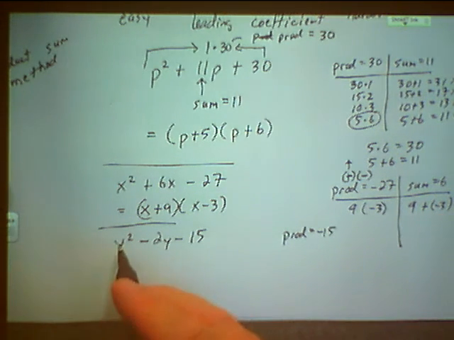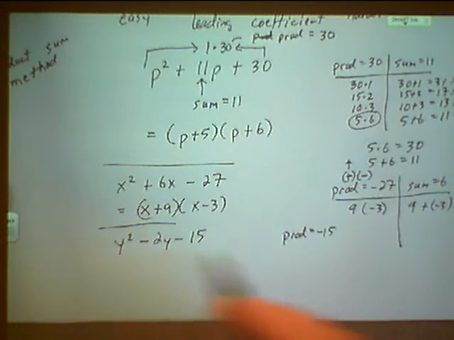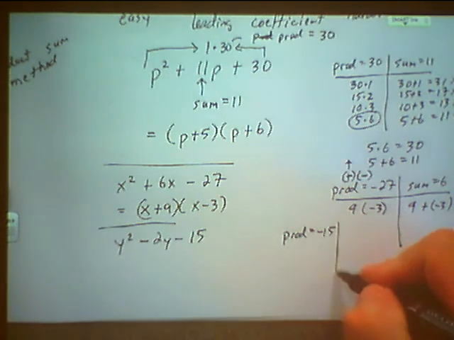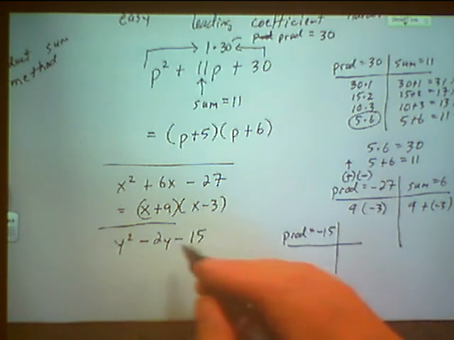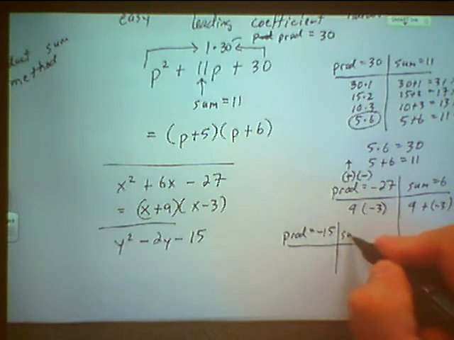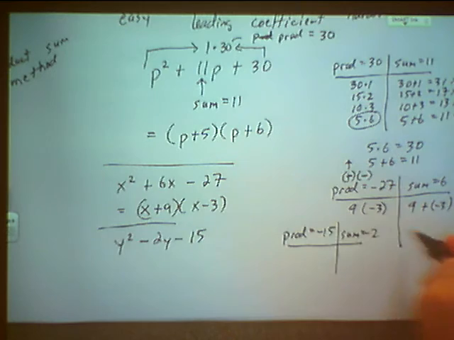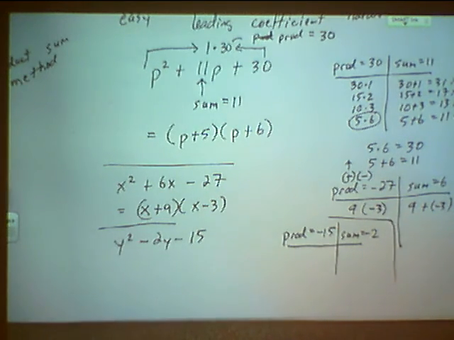Once again, I'm pretty happy because since there's no coefficient for the square term, this is going to be pretty easy to factor, hopefully. My product is negative 15. My sum is negative 2. So once again, two numbers multiplied together equal negative 15, but when we turn around and add them, they equal negative 2.